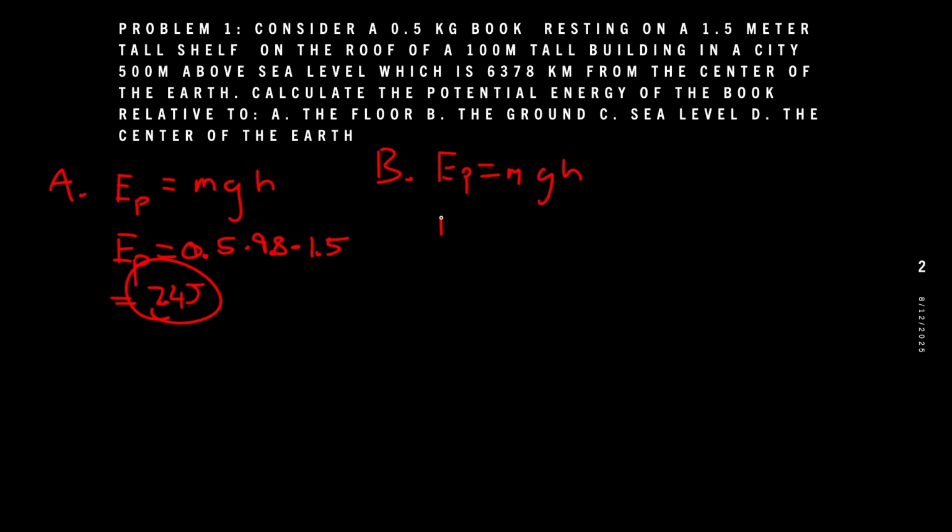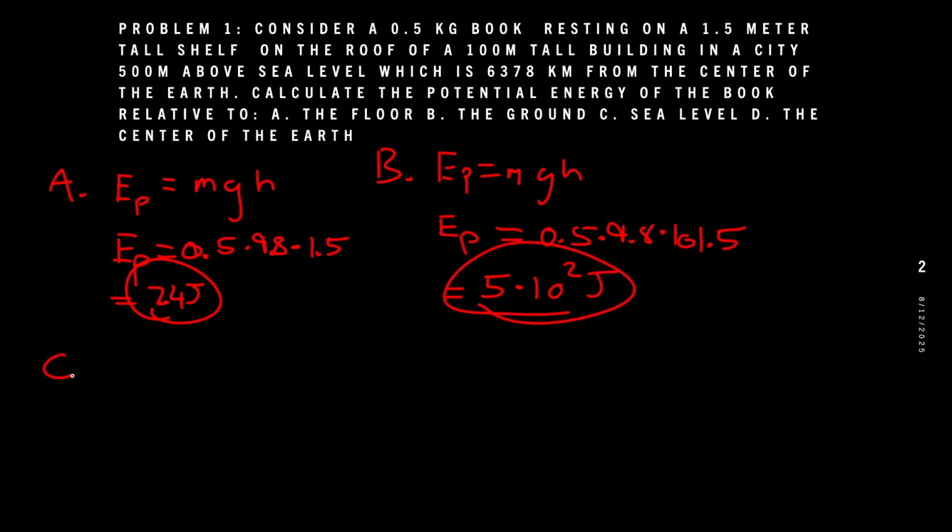So we could substitute our values again. 0.5 times 9.8 times 101.5, and if we multiply that, we get approximately 5 times 10 to the power of 2 joules.